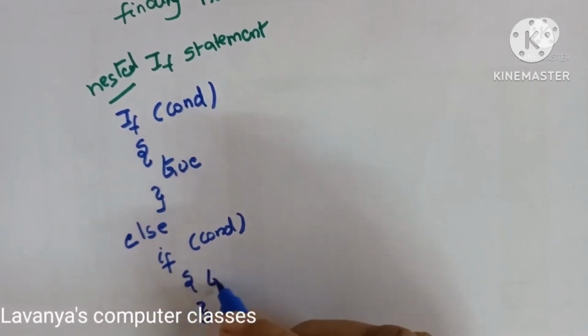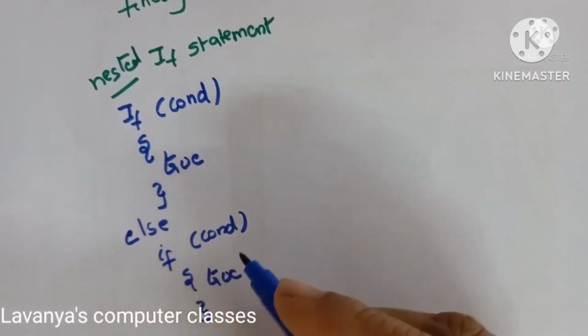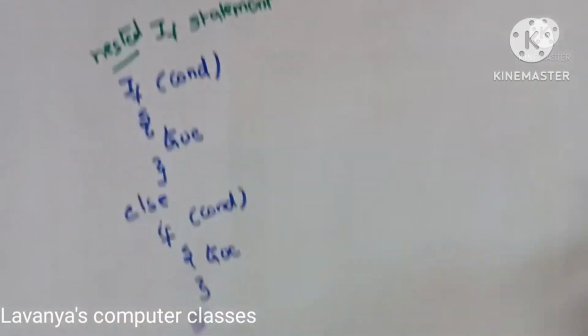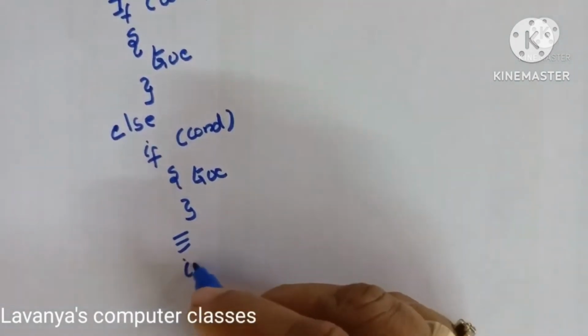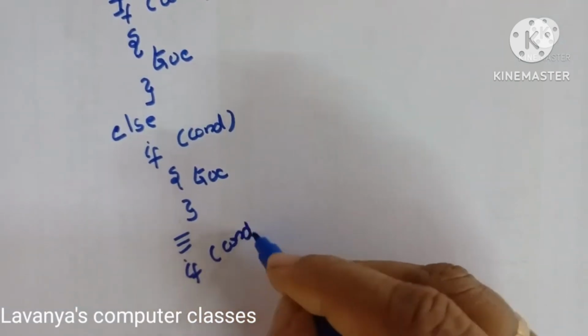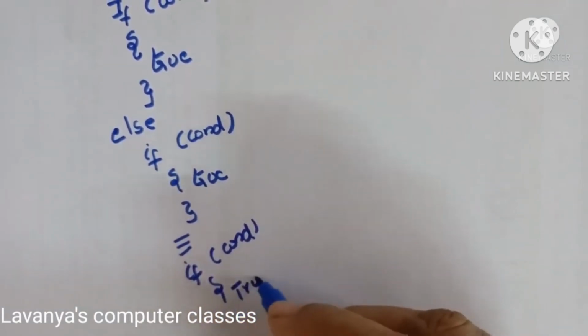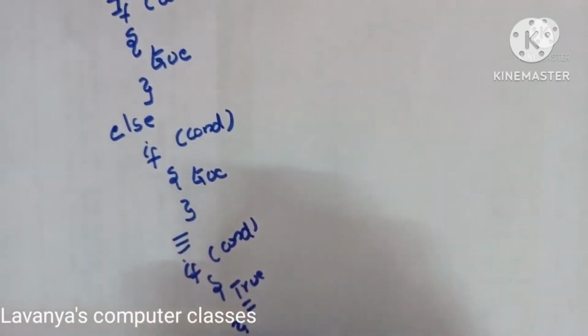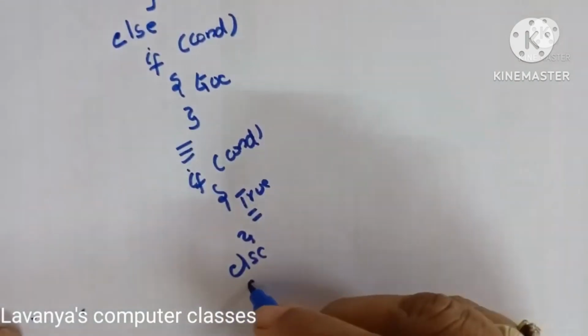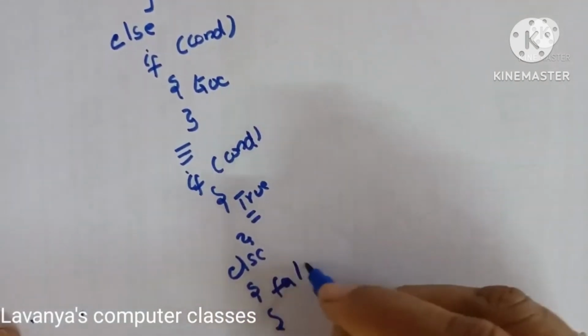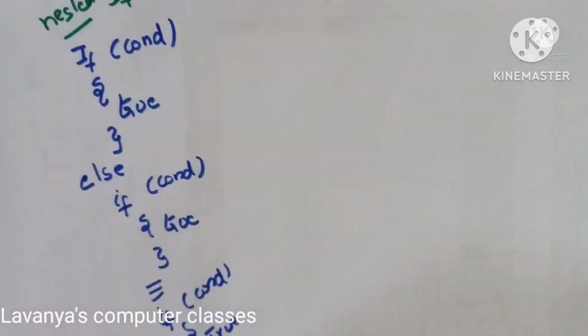If the condition is true, again true block statements. Otherwise, again we check other conditions or again false block statements. So like this, if you are checking a number of conditions, that is called else if nested if statements. So this is the syntax of nested if statements.